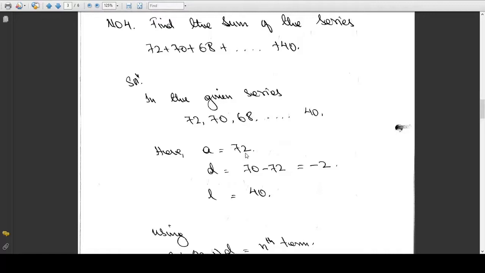Here a is 22, d is 20 minus 22, which is minus 2, and the last term is 40.